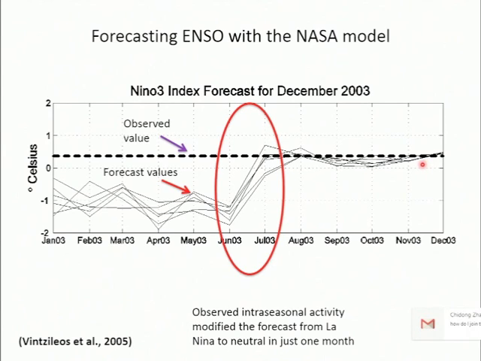So we analyzed this sudden jump in the ENSO forecast and found that intraseasonal activity was very important for this sudden jump, with winds in the Eastern Pacific shielding the surface of the Pacific Ocean from the oncoming Kelvin wave.